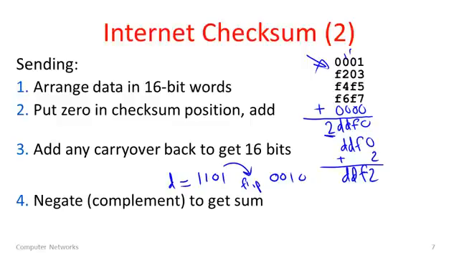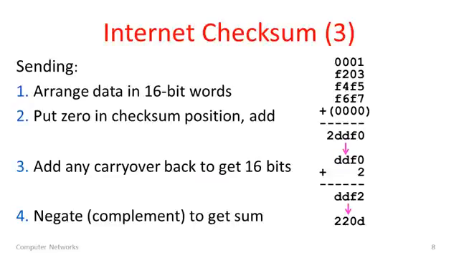So when I negate D D, I'll get 2, 2. Bit flipping F is all 1s, so when I flip all of that, I'll just get a 0. And when I flip 2, I'll get a D. So 220D will be the internet checksum. And we will then take that value, replace it where we used all zeros, and then send those 5 16-bit words, including the checksum, out into the network.